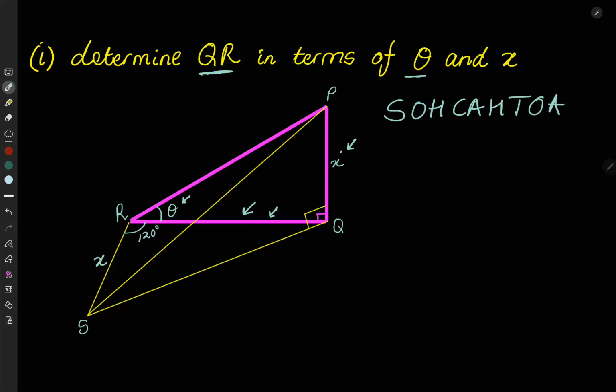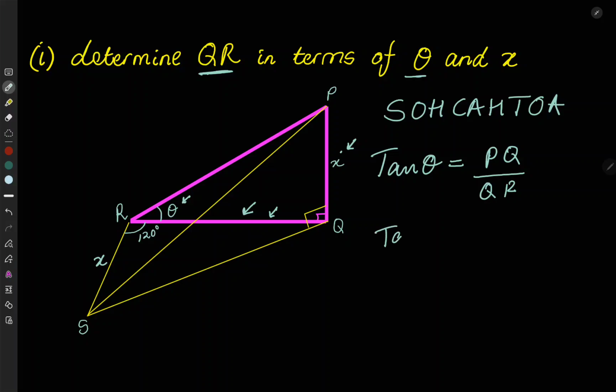So in this question, RQ is adjacent to the angle theta, and x is the opposite. Therefore, we are going to use tan. We say tan theta equals opposite over adjacent. The opposite is PQ, divided by QR, which is the adjacent.